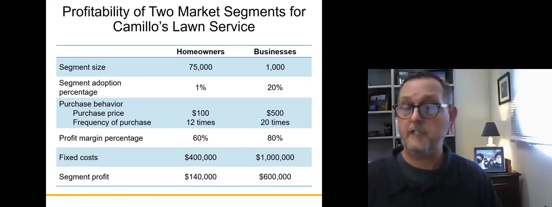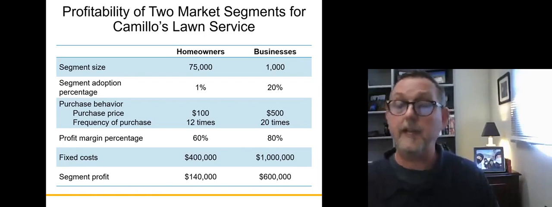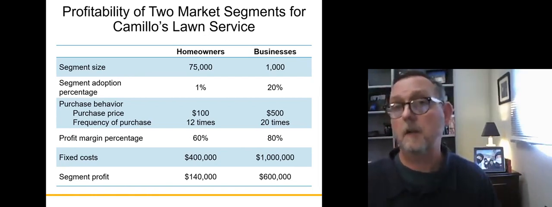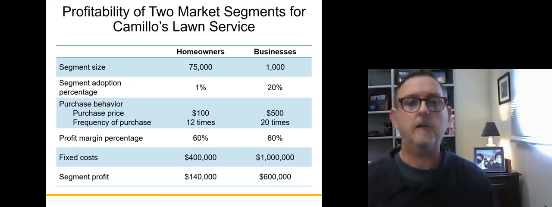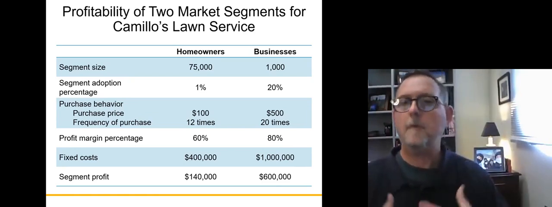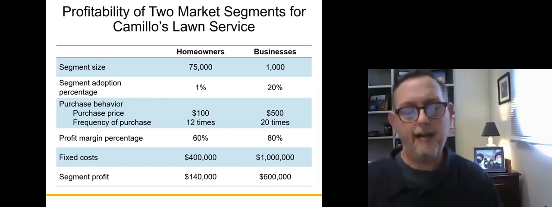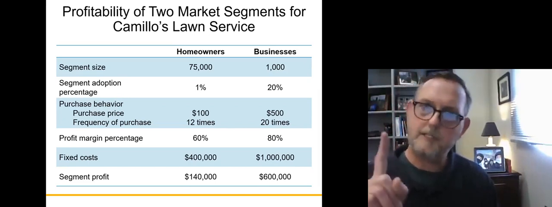So, okay, what percentage of homeowners will the lawn service attract? They estimate 1%. What percentage of businesses? 20%. Okay, move on down, purchase behavior. How much will each market segment typically spend and how often will they do it? In this case, we have frequency of purchase.